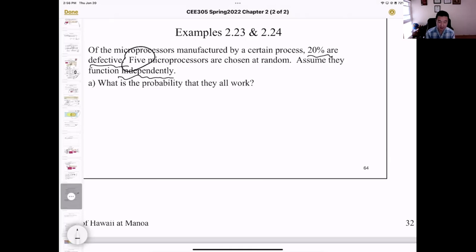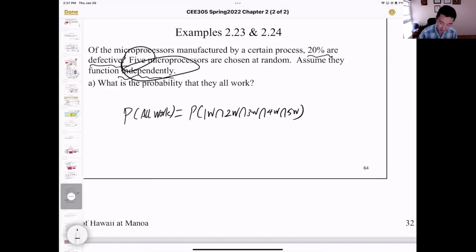Because these 5 microprocessors are independent of each other, we can use the multiplication rule. So the probability that all work will be equal to the first one works, and the second one works, and the fifth one works.